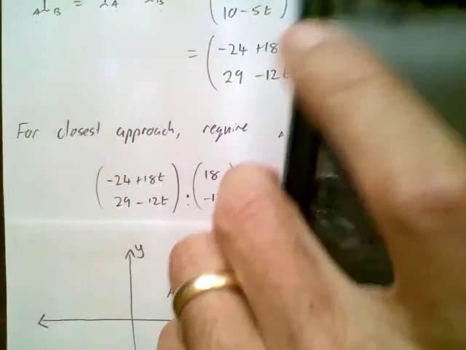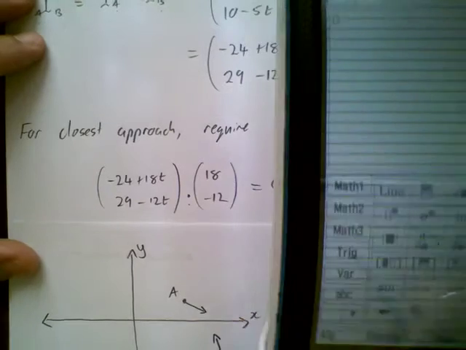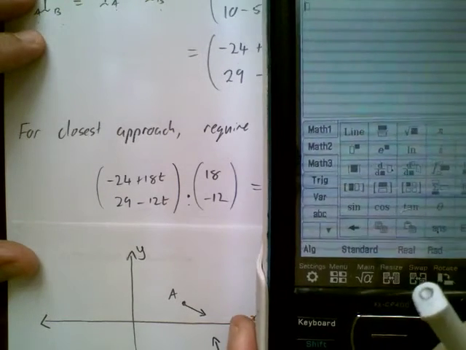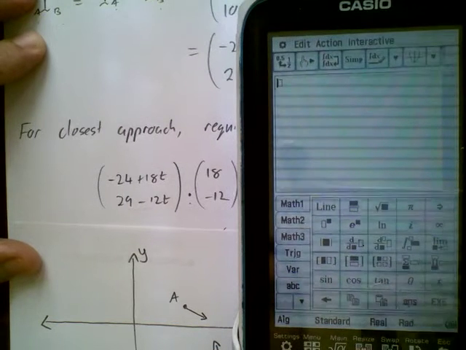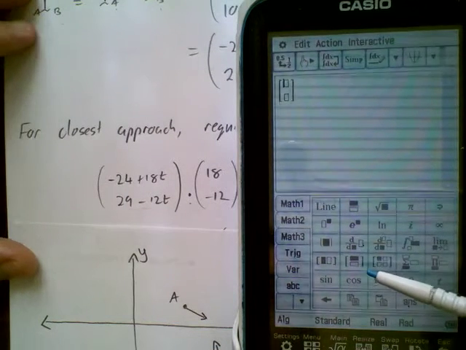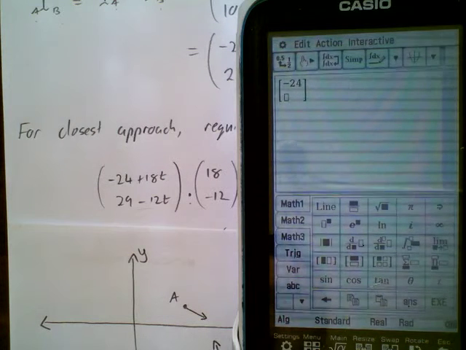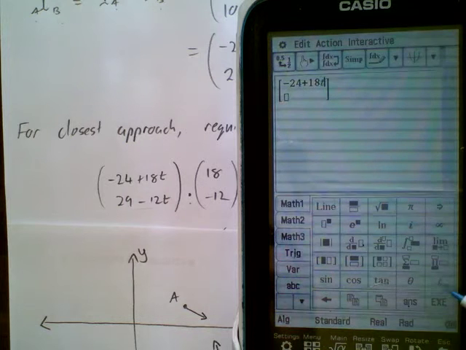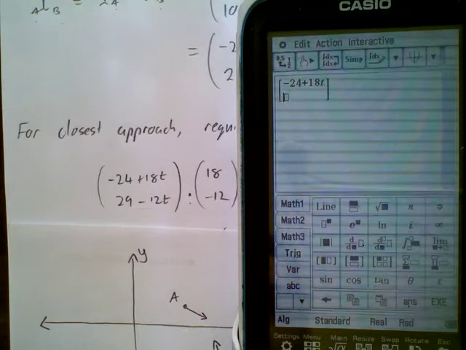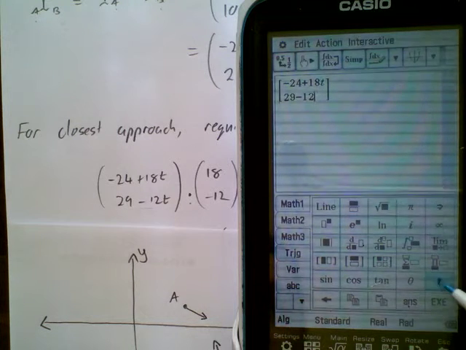Now that's easily done on your ClassPad. So doing that on the ClassPad, we'll just pull up a vector here, put in our values. So it's negative 24 plus 18t. I'll actually use t as my variable. You could use x as well. 29 take 12t.